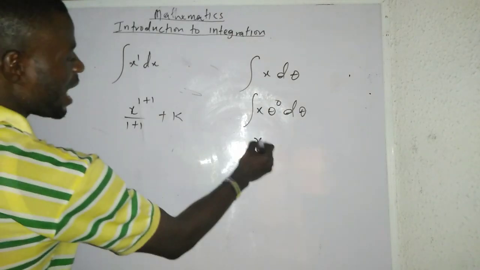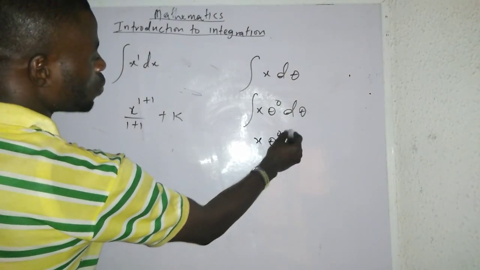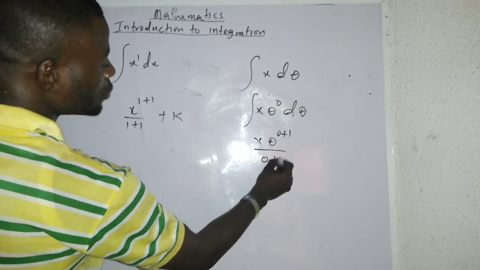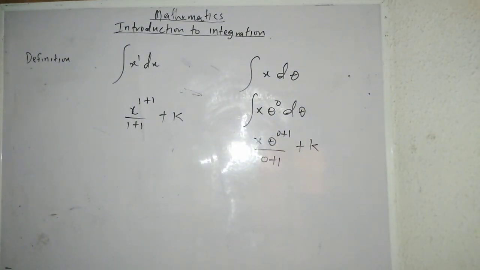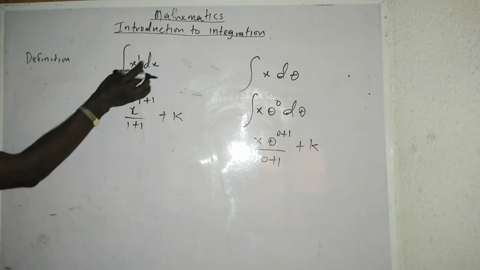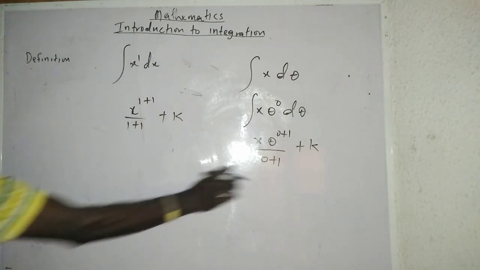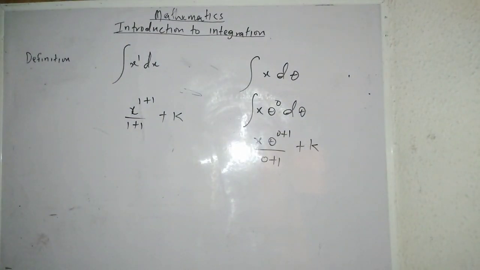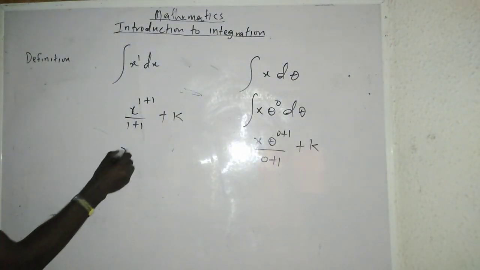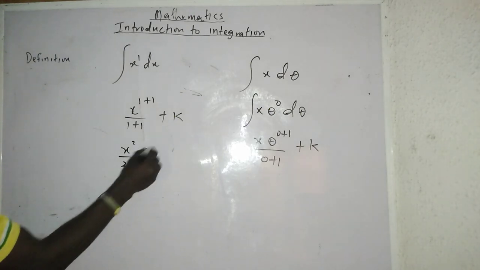If I integrate x, theta raised to power 0 plus 1 divided by 0 plus 1, plus k. Now, can you see the difference? This time around, I'm working with respect to x, while here I'm working with respect to theta. At this point, I'll have x squared over 2 plus k.